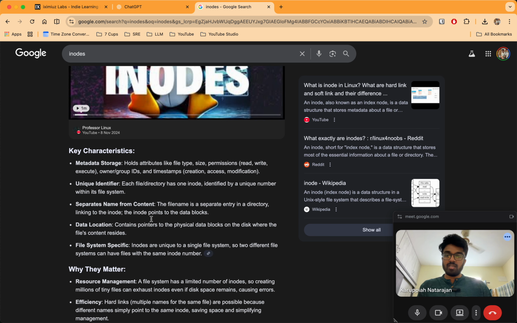So let me try to show you that. Each file or directory has one inode identified by a unique number within its file system, right? So I guess if you have multiple file systems of the same type, for example two ext4 file systems on your machine, each mounted at different directories, and they are both separate and different instances of the same type of file system, then each will have some unique number, I guess.